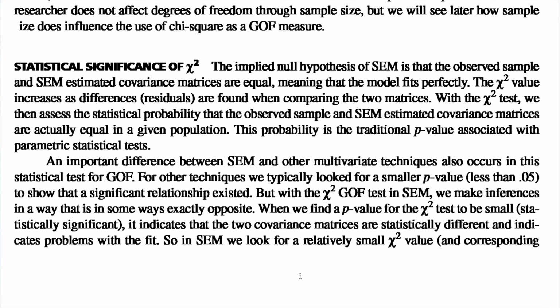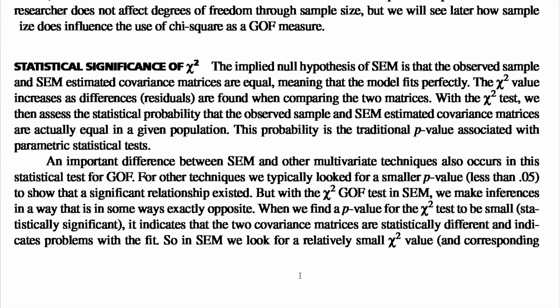But with the chi-square goodness of fit test in structural equation modeling, we make inferences in a way that in some ways reflects the opposite. When we find that the p-value of the chi-square test is statistically significant, it indicates that the two covariance matrices are statistically different, and there are problems with the fit.